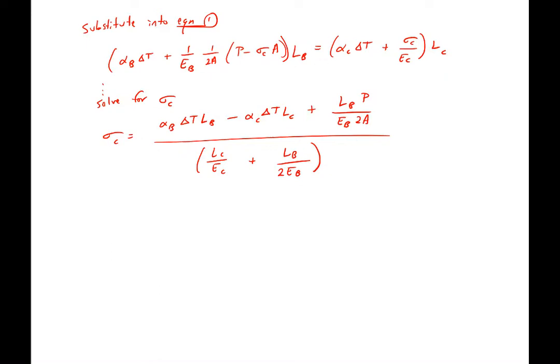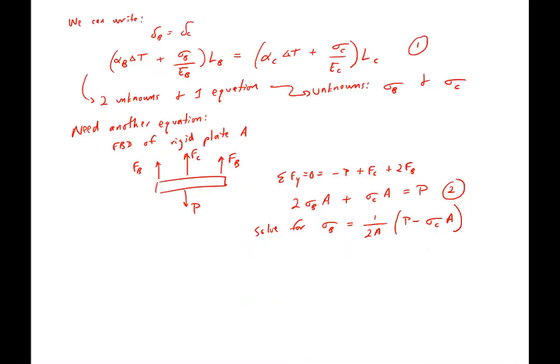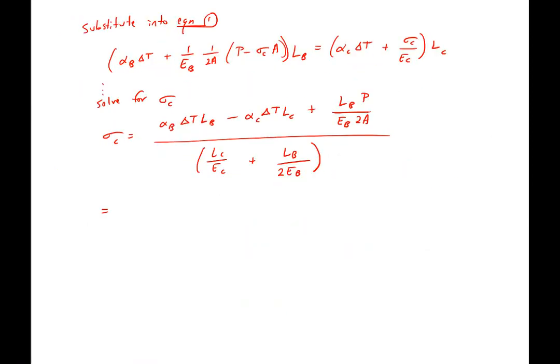Then, if we go ahead and put in all of our values here, we can solve for this sigma C. So the value of alpha B, let's go back and look at what that was. This is the alpha for bar B. It's 12.5 times 10 to the minus 6th, basically strain per degrees Fahrenheit. So let's put that in there for alpha B. We've got 12.5 times 10 to the minus 6th, 1 over degrees Fahrenheit.